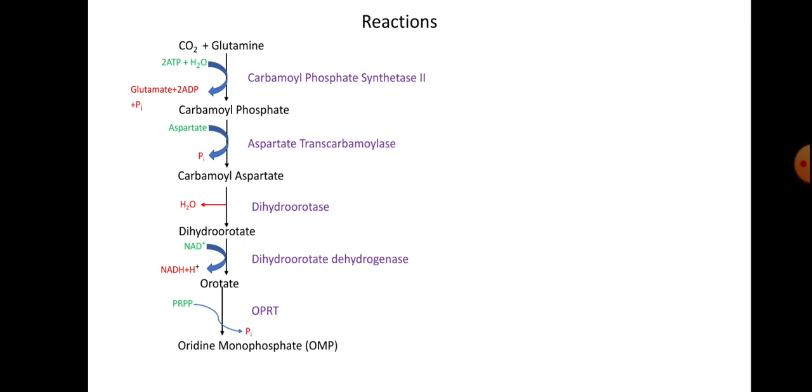Orotidine monophosphate is decarboxylated to finally form uridine monophosphate, and this is done by the enzyme OMP decarboxylase with the release of a carbon dioxide molecule. So these are the reactions.